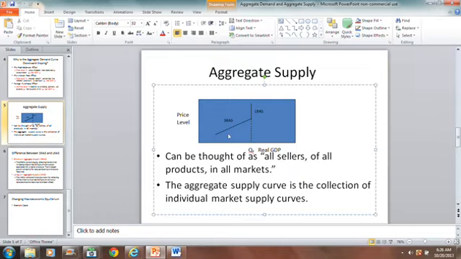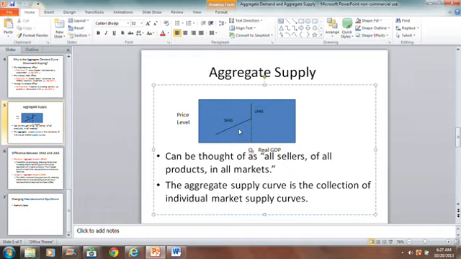Alright, so the aggregate supply curve is up sloping, then it becomes vertical. Now, the aggregate supply curve can be thought of, particularly this short run aggregate supply curve portion, as the collection of all individual market supply curves.